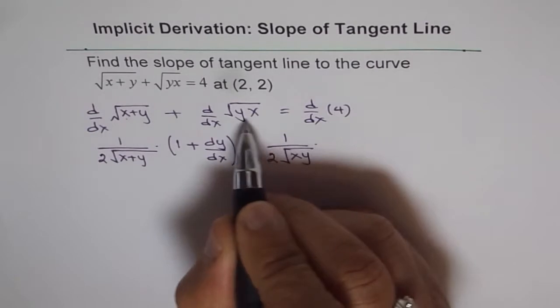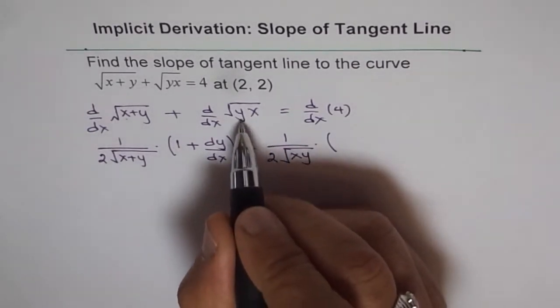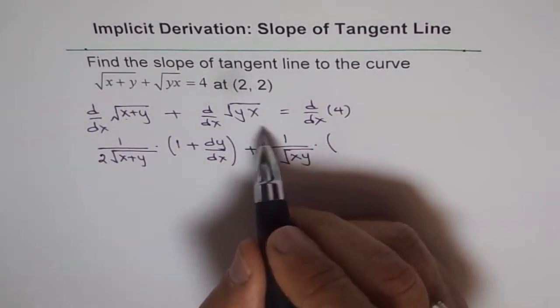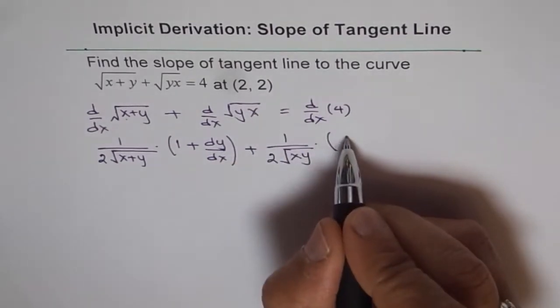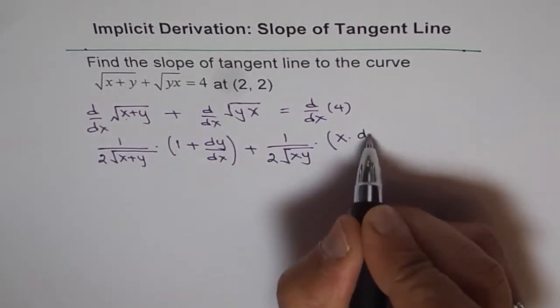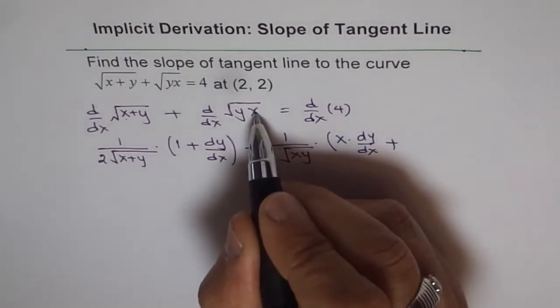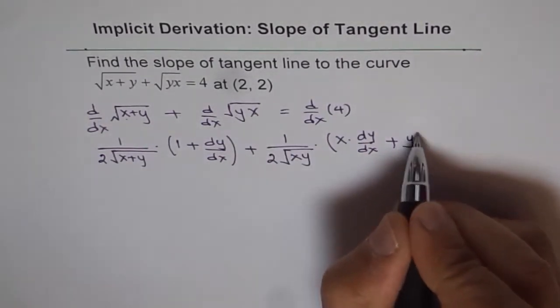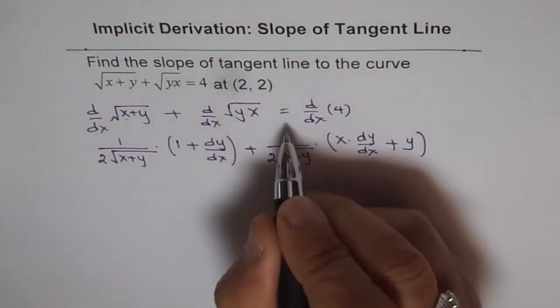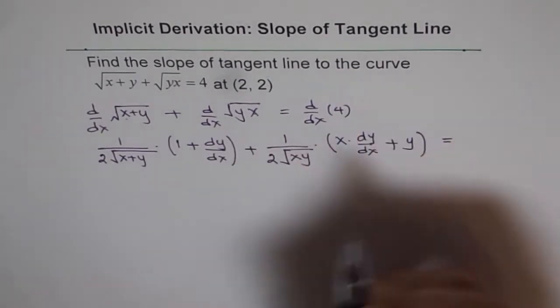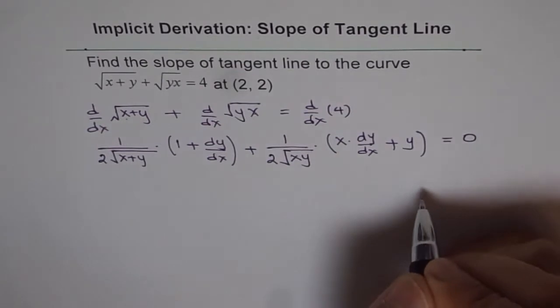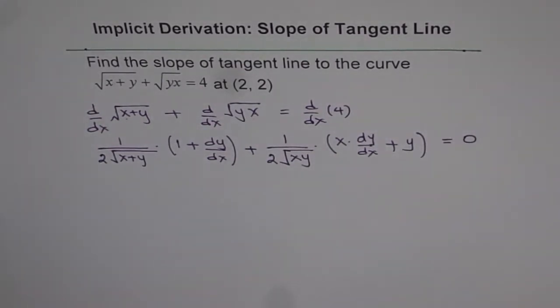Times the derivative of the inside term, which is the product rule. So the product rule is the derivative of y times x, which is x dy/dx, plus the derivative of x times y, which is y. So we get this on the left side, and on the right side, the derivative of a constant is 0. So that's what we get here.